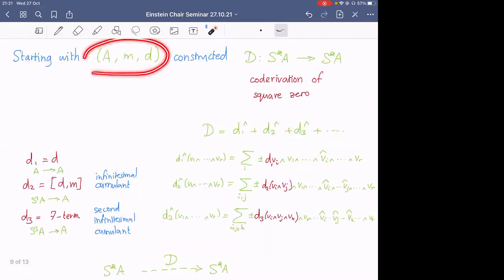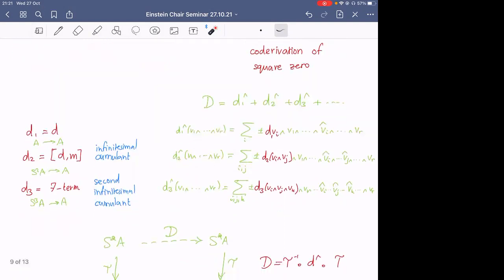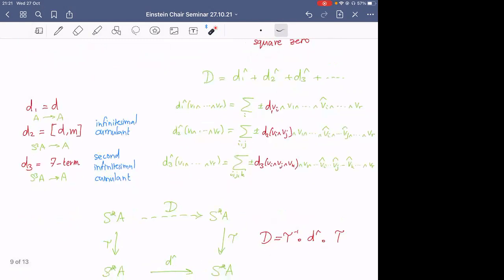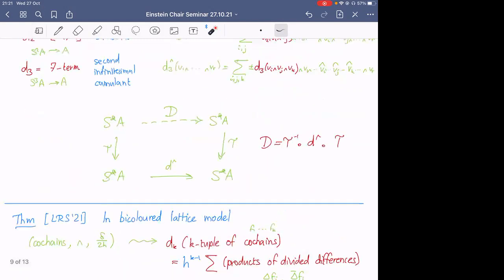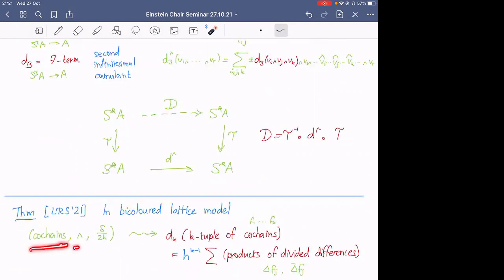And you can do that starting from any commutative associative algebra with a D which is square 0, not satisfying Leibniz. So now you can actually take our bicolored lattice model, the thing we described before. You can take cochains with a wedge, with the co-boundary. Well, I've normalized it because we want in the end this to somehow approximate the continuum model. So we take this particular input. This is our A, this is our multiplication, and this is our D. And out of it, we get the family of DKs, the brackets, the higher infinitesimal cumulants.